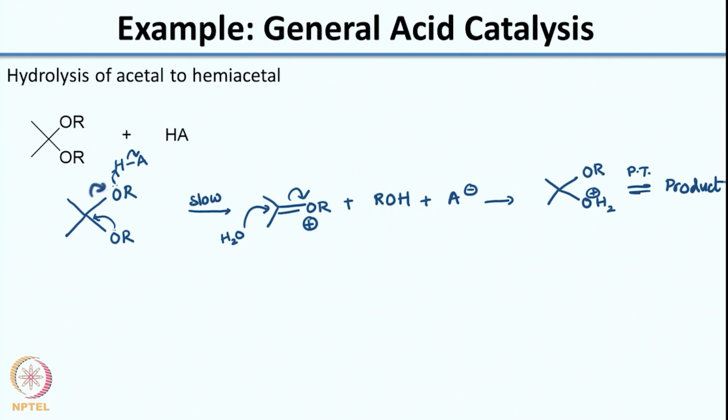Now, in which situation do you think you would observe general acid catalysis? If you want to think of a specific substrate, earlier in the previous class we had looked at a substrate which underwent specific acid catalysis. The Hammett plot for that was also obtained, which supported that.